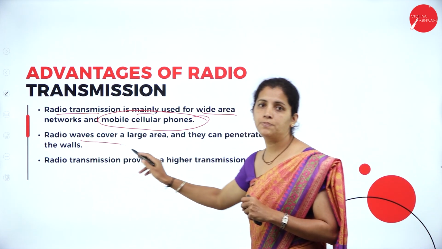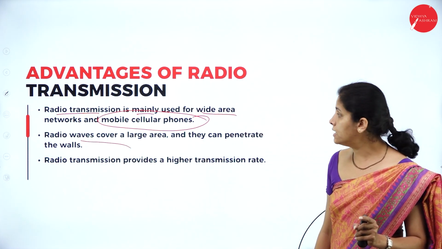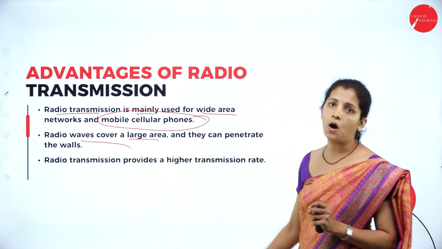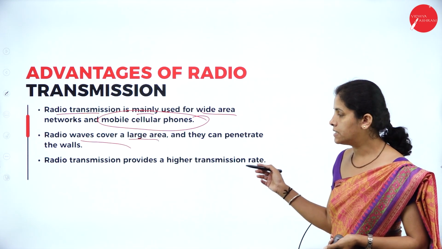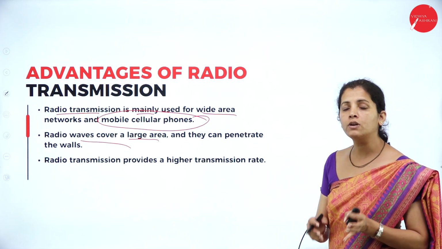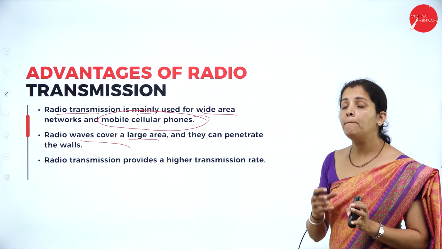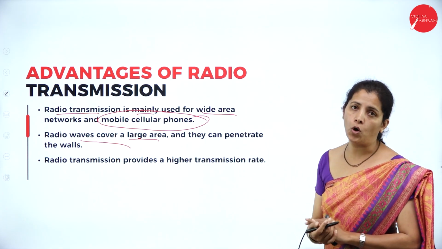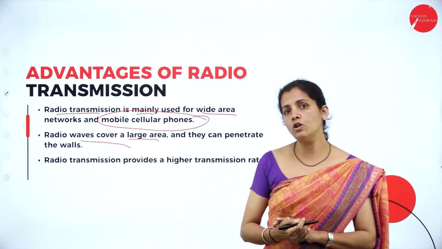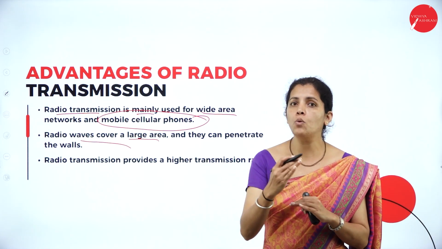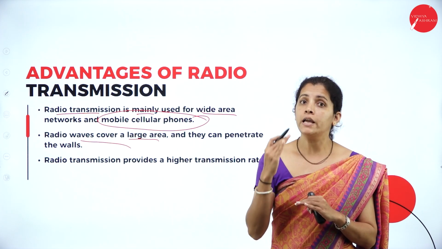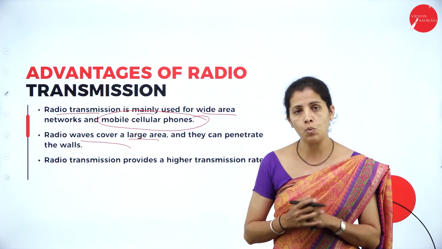Radio waves are responsible for covering a larger area or long distance, and they are also able to penetrate walls. Penetrate the walls in the sense what? Cross the wall. Signals are capable of crossing the wall.